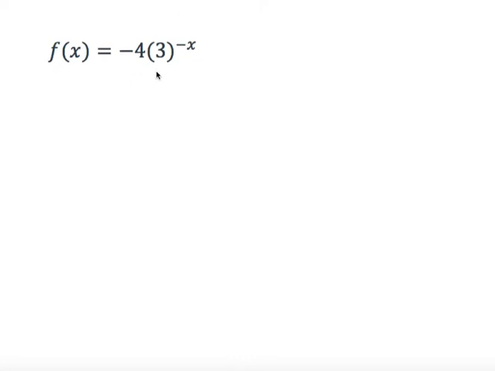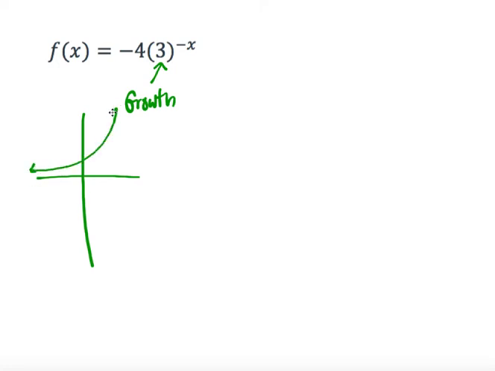So the first thing that I look at in this equation is the number getting raised to the exponent. The 3 means that this is a growth function, because it's larger than 1. So the first thing that I think about in a growth function is that it has an asymptote of y equals 0, and it looks like that.